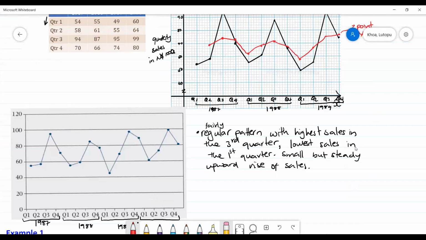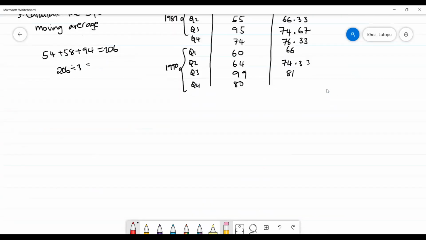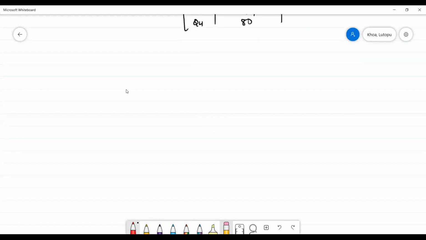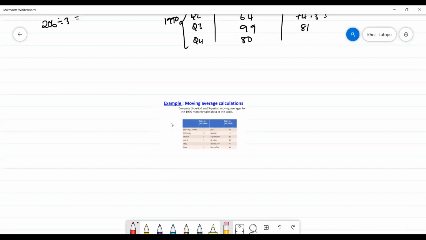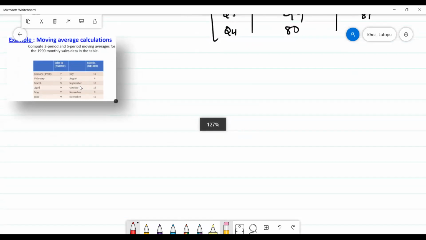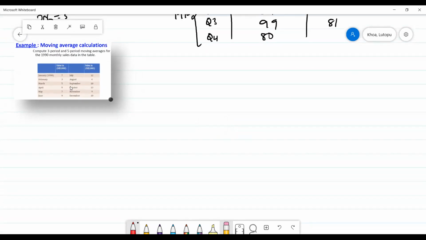Okay, so let's see another example. And this one is straight from the notes.